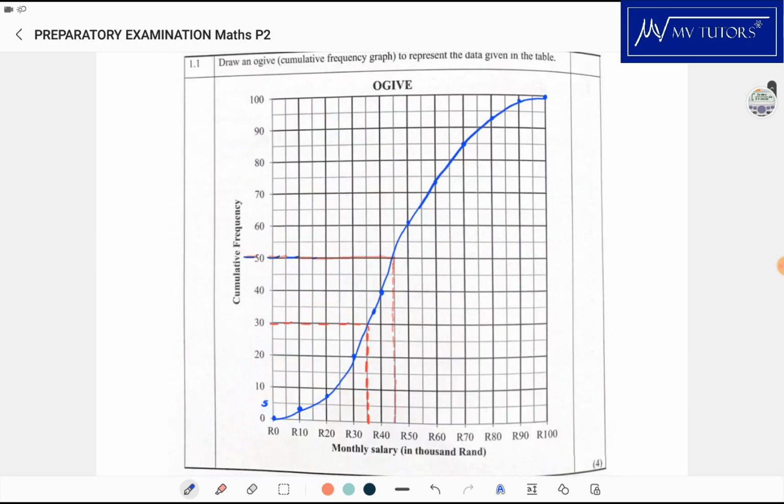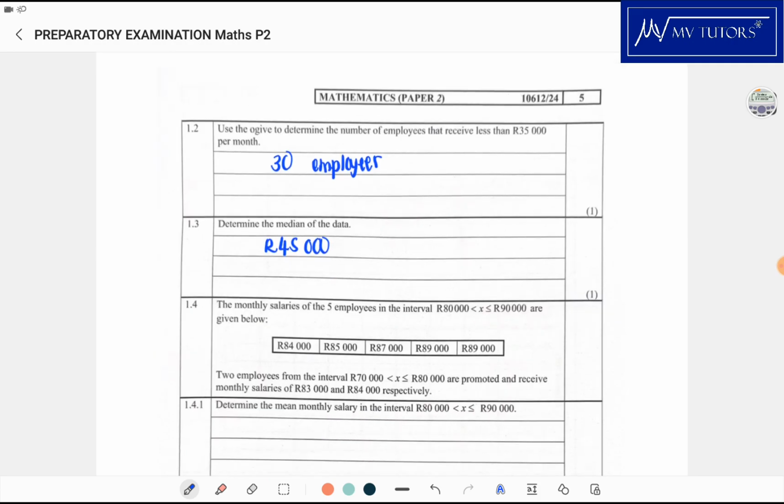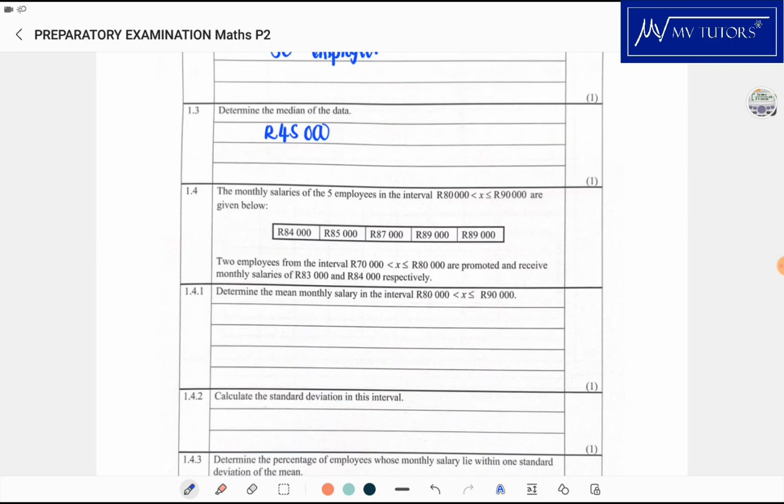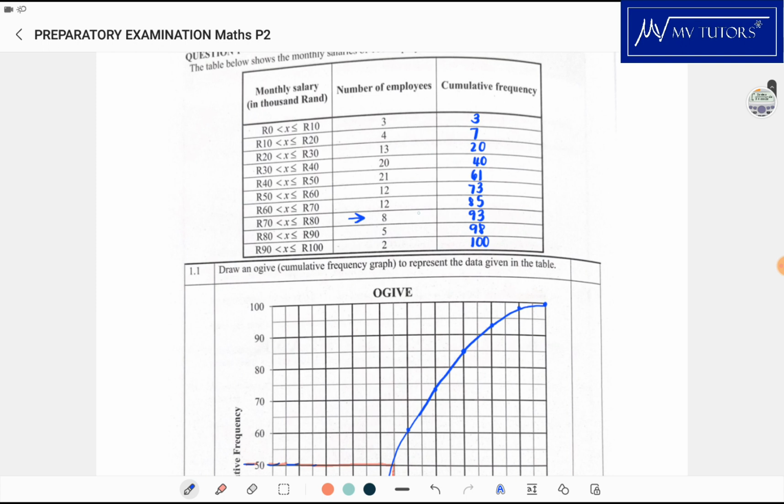From 70 to 80,000, we had 8 employees. So 2 of those employees are promoted and receive monthly salaries of 83 and 84 respectively. Now 2 of them are gone, they've received a promotion, and now we have 7 here.